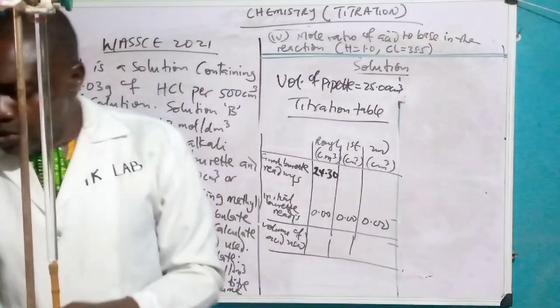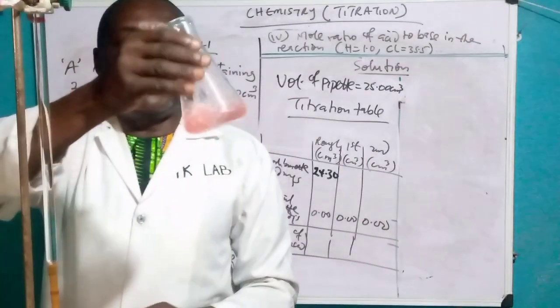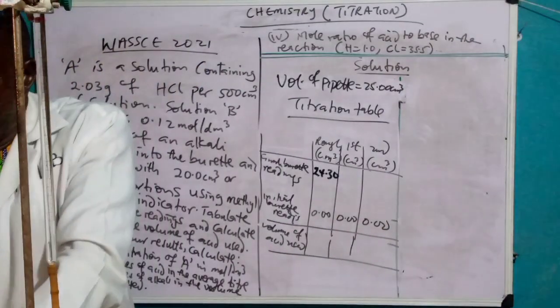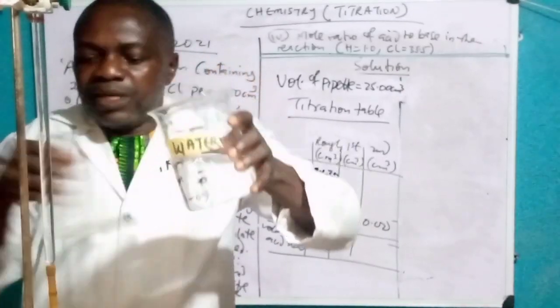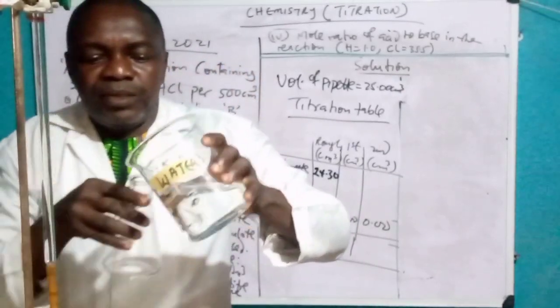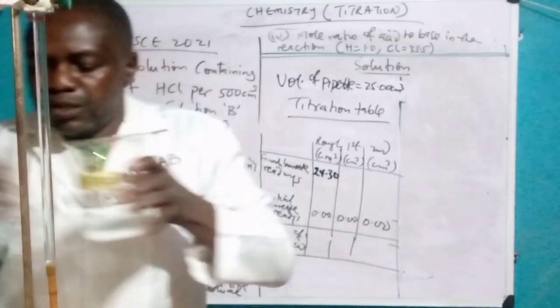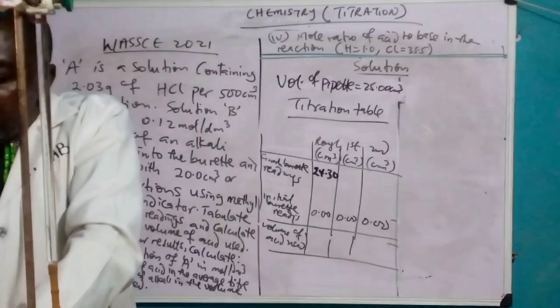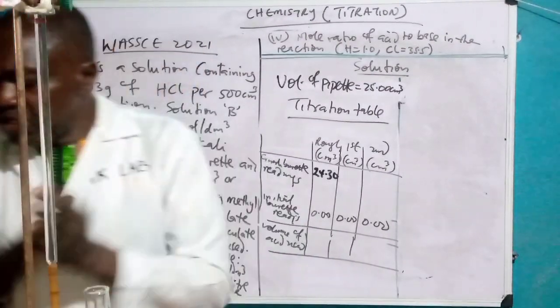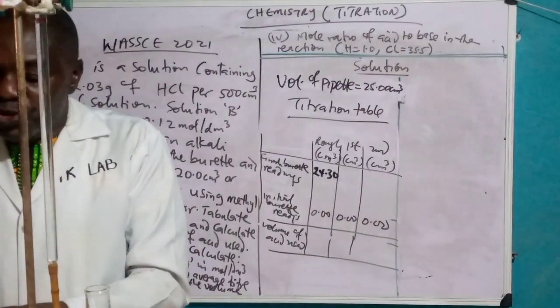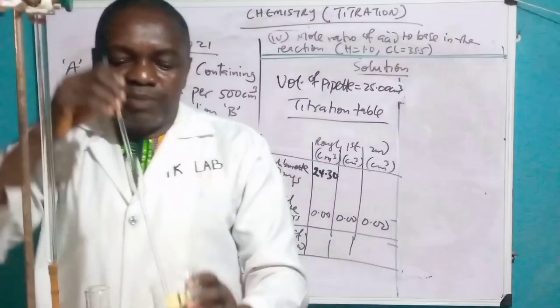So we will now discard this. We don't need this again. We throw it off. We will rinse it with water, and rinse it 2 times. It must be rinsed with water all the time. Since we have already rinsed the pipette, we don't need to rinse it a second time. Since we are using the same solution, we now put it again and pipette.